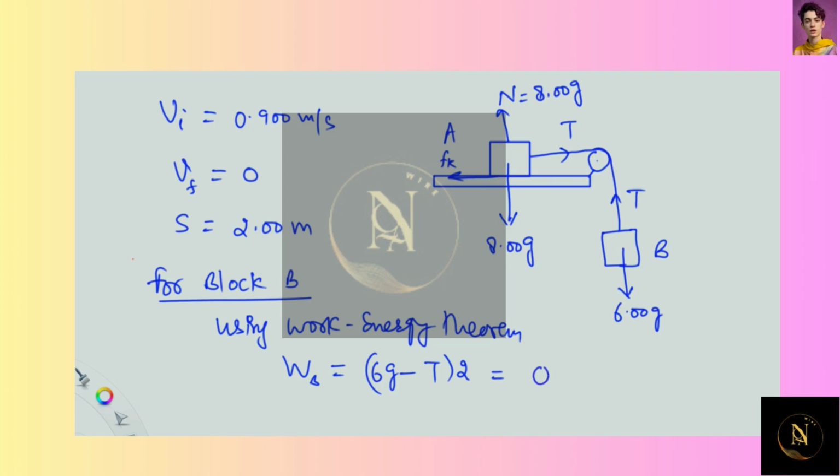Finally it comes to rest, so final kinetic energy is 0, and initial kinetic energy is half into mass into 0.9 squared.